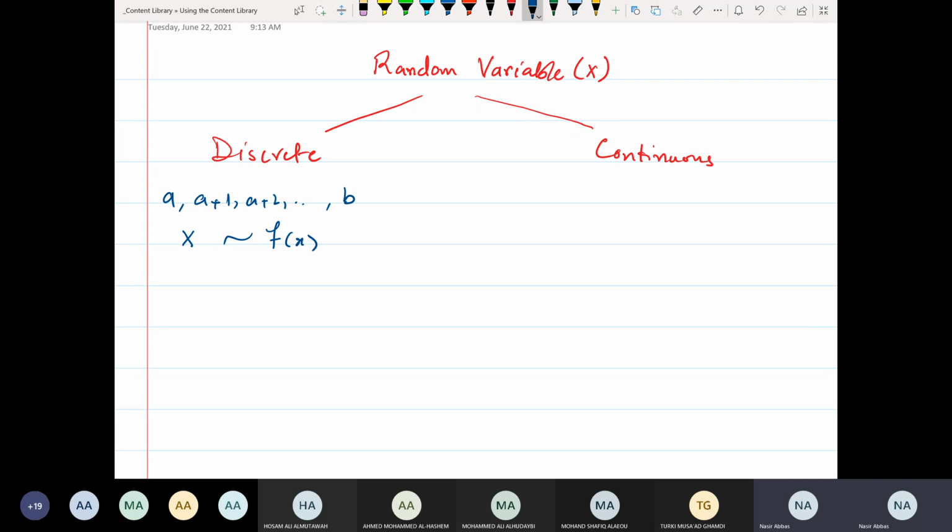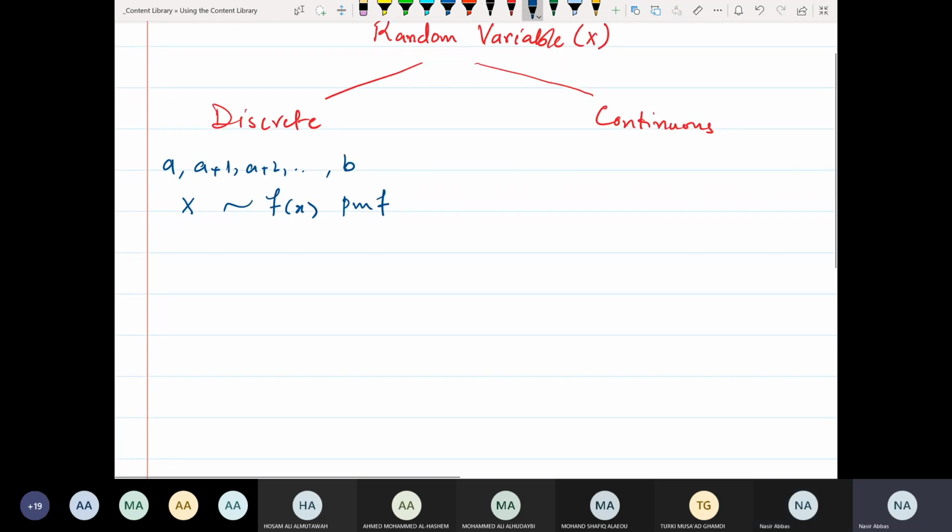So you said X follows this function f of x, and you called this function the probability mass function. And regarding this function, you said it satisfies two conditions, and those two conditions were what?